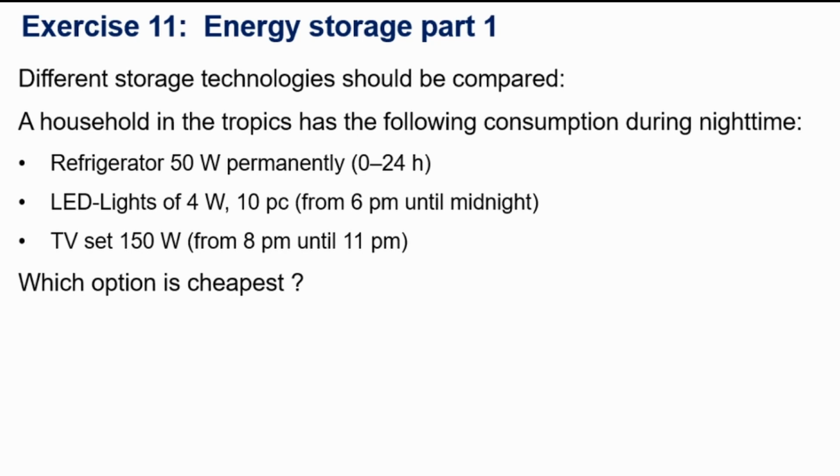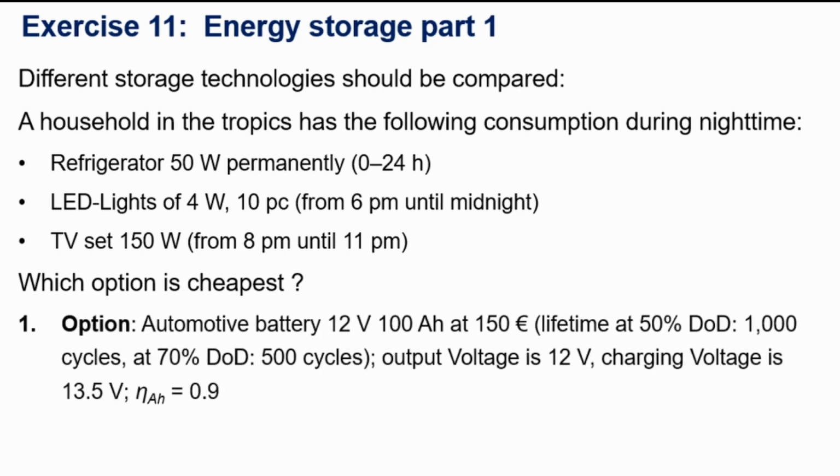You should first find out which option is the cheapest if we compare two different battery types, they are the same technology. First, we take a cheap automotive battery that's available for 150 euro. It has 12 volt and 150 ampere hours. If you would discharge 100%, we only consider a discharge of 50%, otherwise lifetime would be very short. So we consider 50% depth of discharge. This would have a lifetime of 1000 cycles.